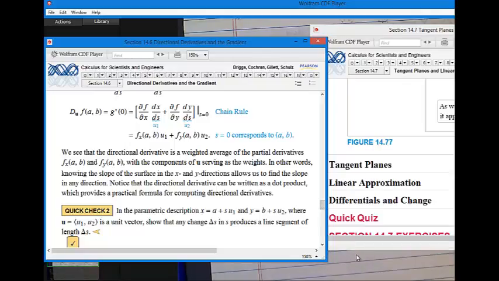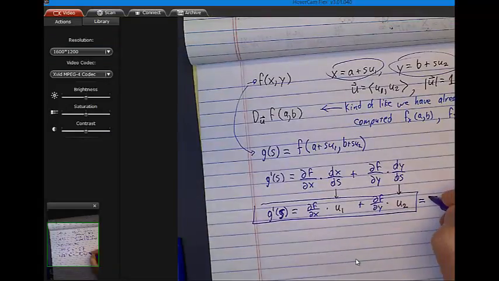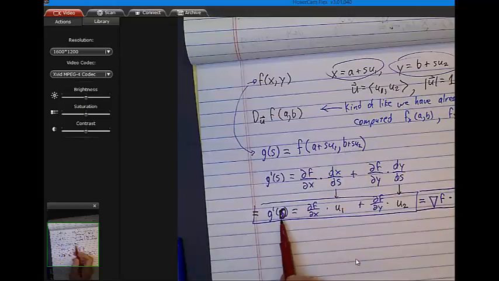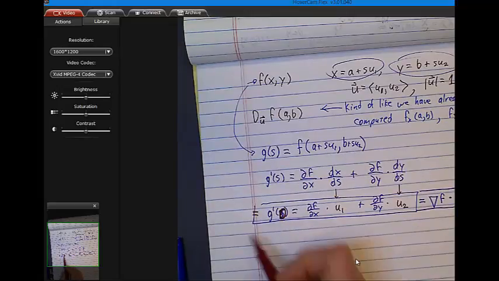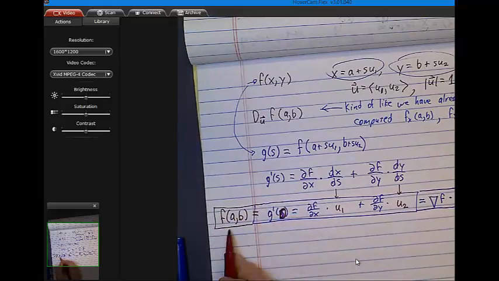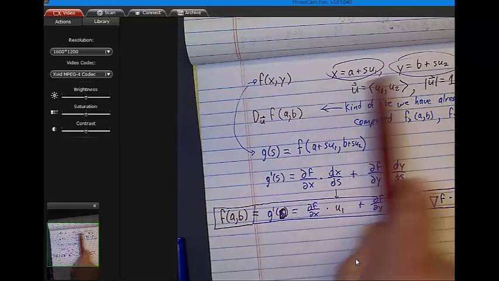The easier way to write what we have is this: gradient of f dot u. Okay? Throwing the 0 in is the same as if you throw a 0 in for s, then you're evaluating the function at a and b. Because if you throw a 0 in for s, then x is a and y is b.